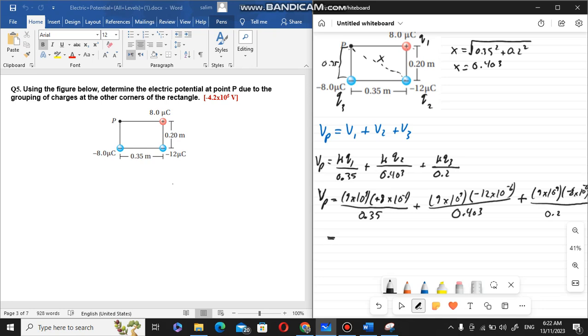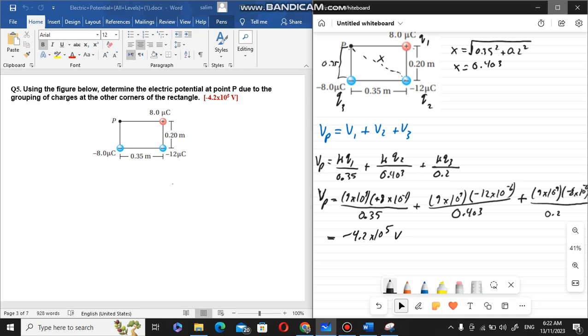And when we calculate all of it, we will get that it is equal to around minus 4.2 times 10 power 5 volts. On the calculator, you won't be able to add all of them directly, so you can add the first and the second, and take that answer and add it to the third.